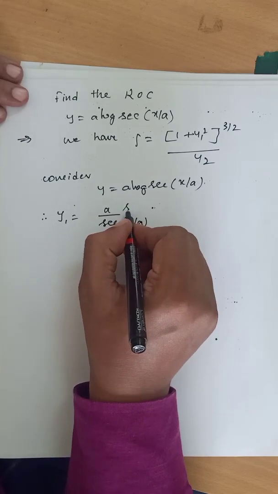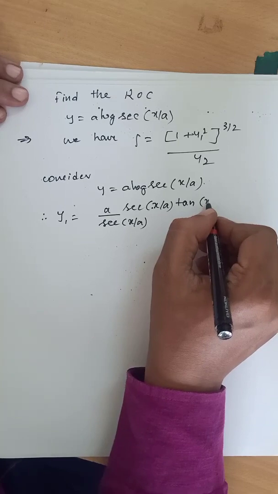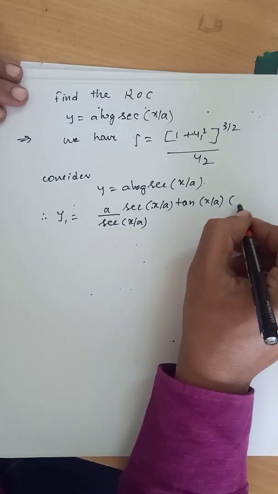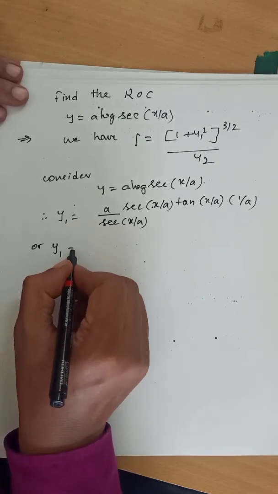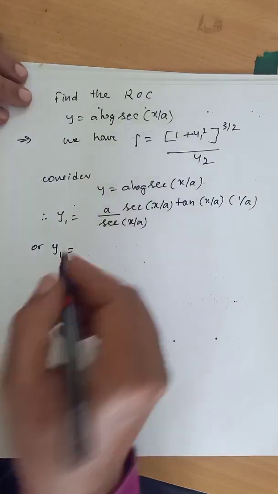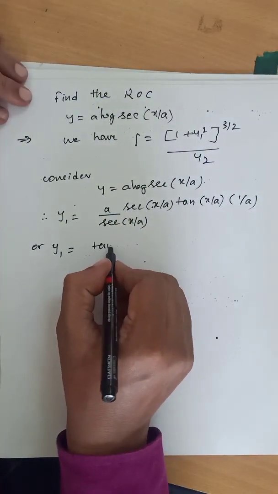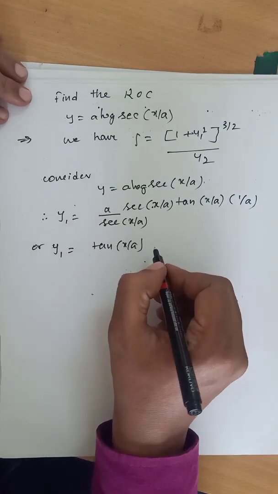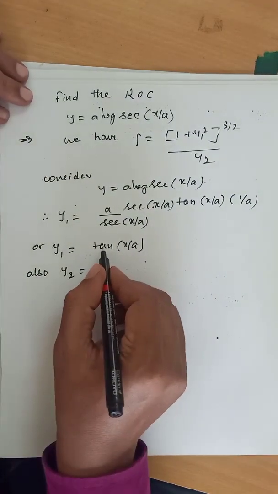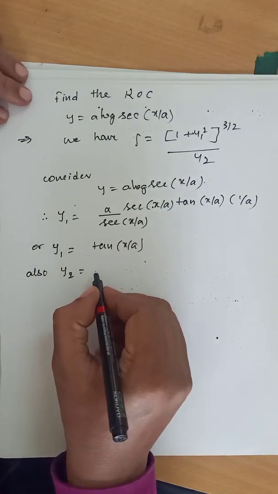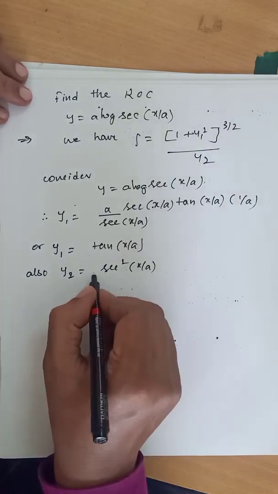Derivative of secant is secant x by a into tan x by a into derivative of x by a is 1 by a, or y1 is secant cancel, a cancel, tan x by a. Also y2 is, again differentiating this, you will get y2. Derivative of tan is secant square x by a into 1 by a.